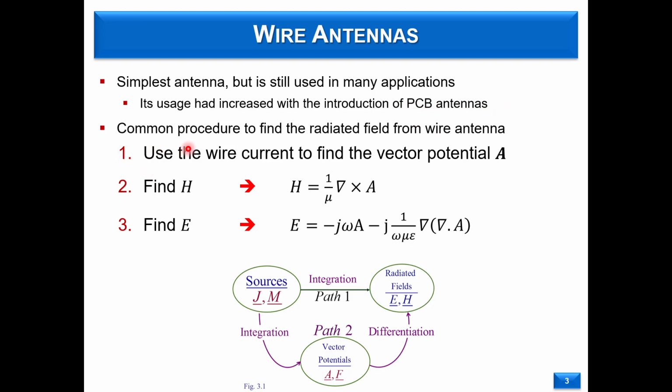As we discussed last time, the procedure to find the radiated field from any antenna is either directly through the integration of dE and dH based on their relation to the sources, the real source J, the electric current source, and the equivalent or imaginary source, the magnetic current source, or indirectly through the auxiliary functions, the vector potentials A and F. In this analysis, we'll take the second approach where we find A, and here we don't have F because there is no equivalent magnetic current.